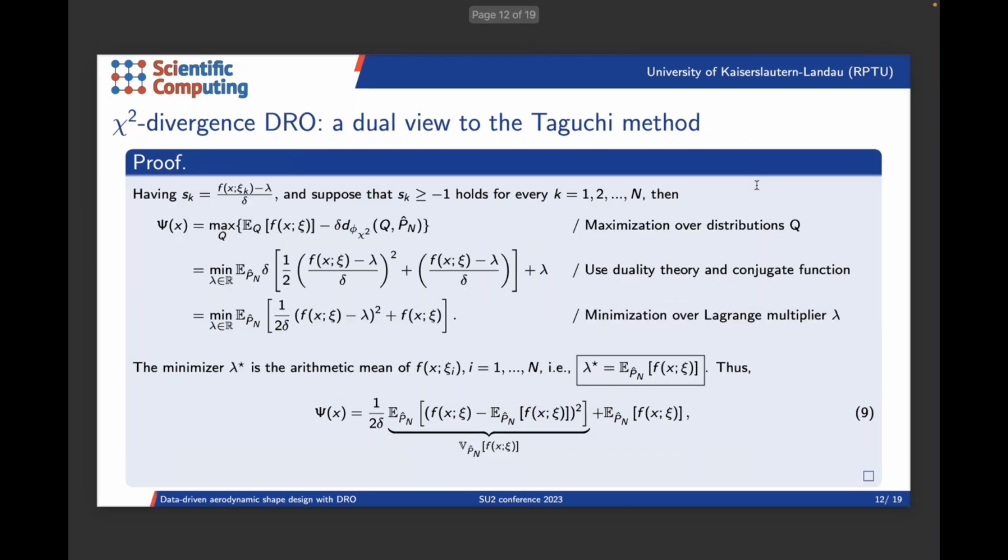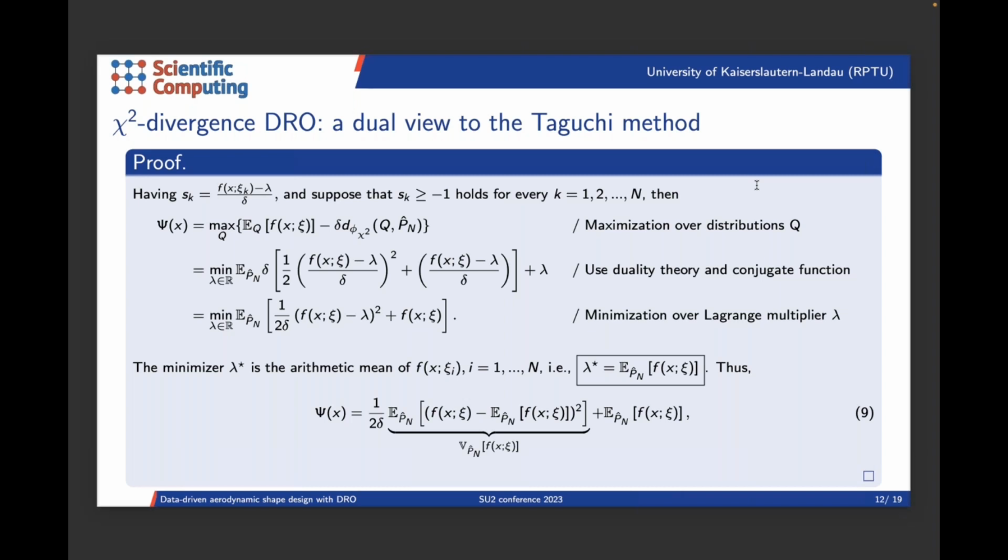To get a bit more insight into these connections, let's briefly look at a sketch of the proof. Again, at the beginning we have the DRO objective, a maximization over distributions. Using fundamental duality theory and conjugate functions in optimization, we can rewrite the maximization problem as a minimization problem, now only over a single Lagrange multiplier.